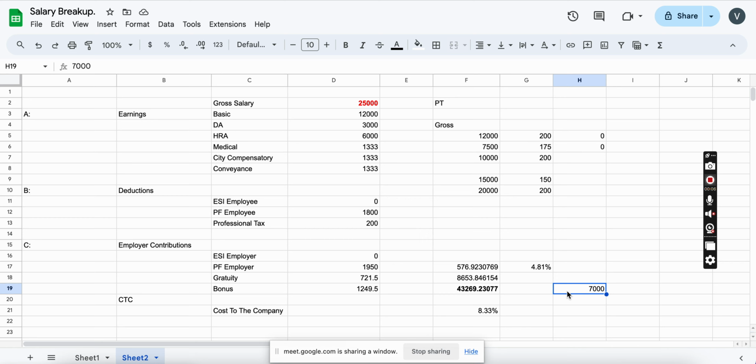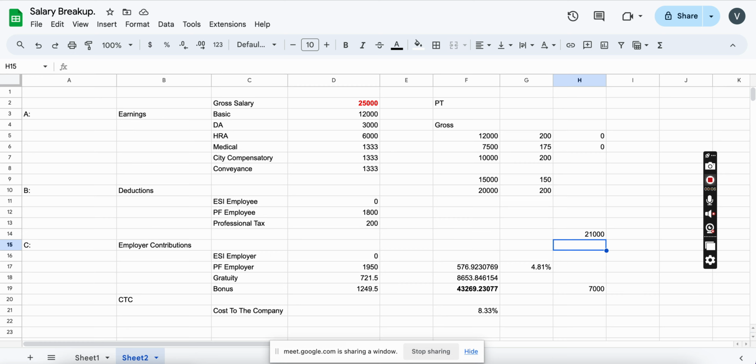Many times employers say my company is in loss, so we will not be paying bonus, but that's not compliant. For a junior employee whose basic and DA salary is less than 21,000, they should get a minimum 7,000 bonus, compulsory.